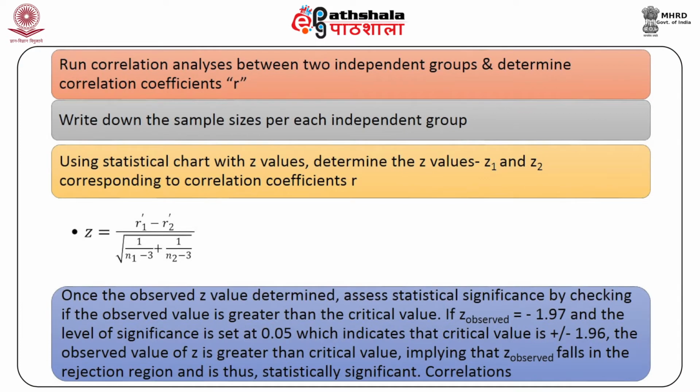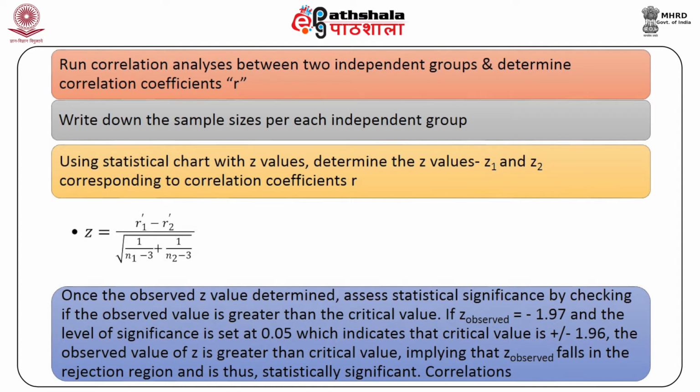Next, write down the sample sizes of each independent group and then, using a statistical chart with Z values, determine the Z value of Z1 and Z2 corresponding to the correlation coefficients of R. This is by Fisher's Z transformation using the following equation: Z is equal to R1 minus R2 upon square root of 1 upon n1 minus 3 plus 1 upon n2 minus 3.